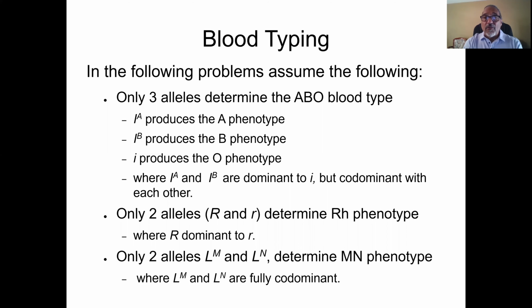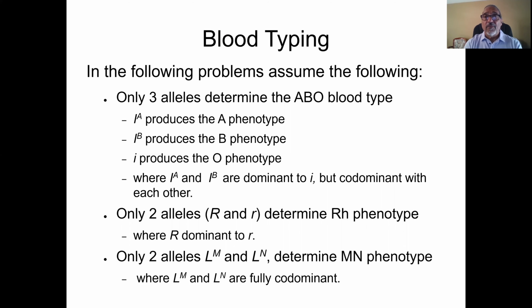As we begin to increase the number of genes that we look at, it's a good thing to take a peek at blood typing. Blood typing you should have been exposed to, certainly in high school biology. We don't do too much of it in Bio 1 or Bio 2, but this is an important part of human medicine.